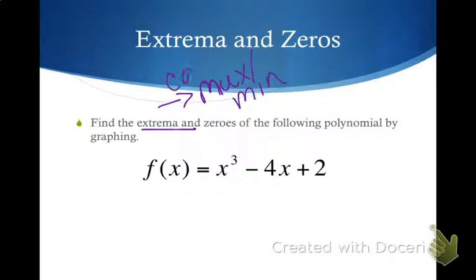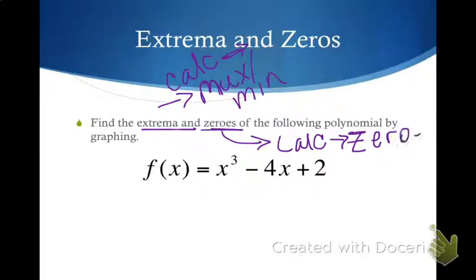So that's second, calc, max and min. And to find the zeros, that's calculate zeros. Let me know if you need me to run you through that. I think most of us knew how to do that. If you forget how to use your graphing calculator to work through that, let me know.